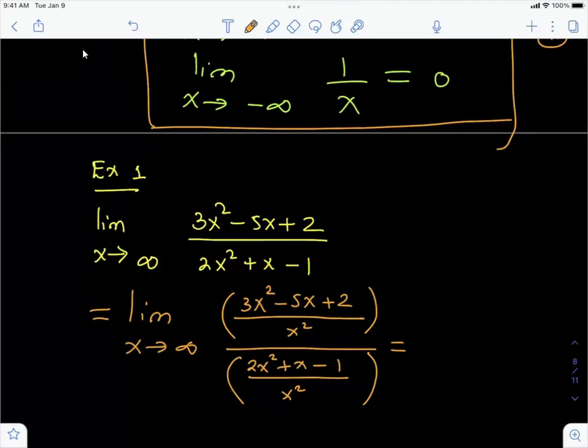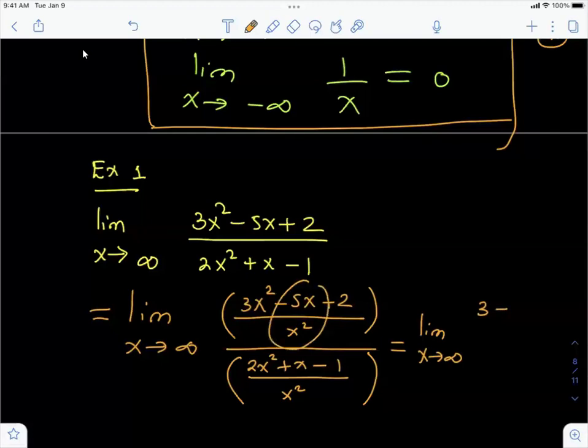So now if you divide throughout separately, you have 3x squared divided by x squared, 5x divided by x squared with a negative sign in front, 2 divided by x squared. So it would be split into 3 pieces, just like this. 3x squared divided by x squared, that becomes just 3. X squared goes away with x squared, leaving only 3.